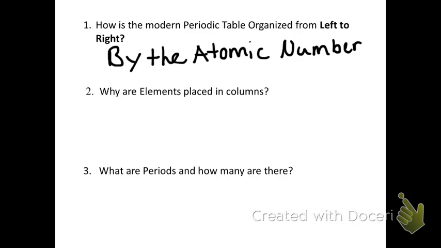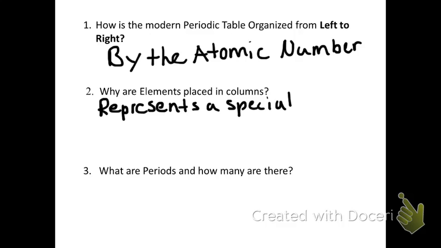And elements that are placed in columns on the periodic table represent special groups, or families.